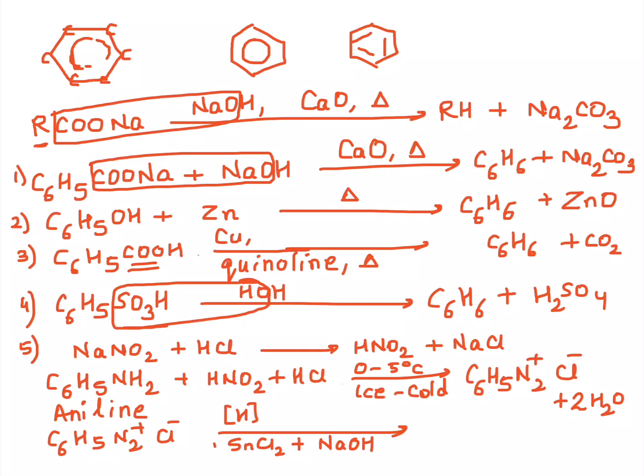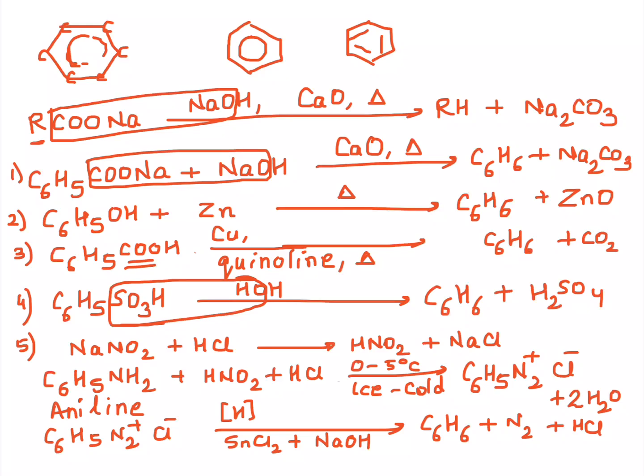I have listed 2 reagents over there. Now reduction means this gets converted into C6H6. Nitrogen gas and HCl are formed. So you will be able to see bubbles rising in the reaction mixture, right? Indicating the formation or the completion of this reaction, right?